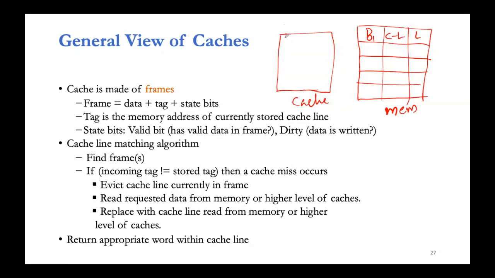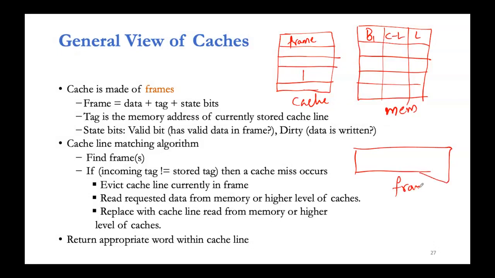So what is the cache? The cache is defined as a structure that consists of frames. Each frame has three fields.